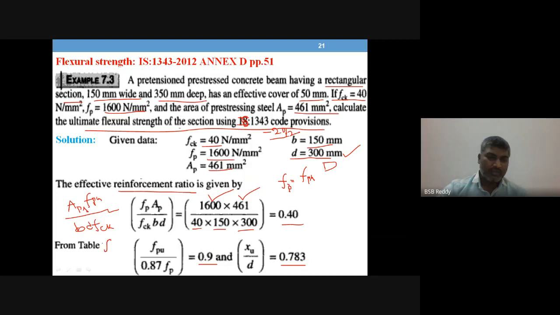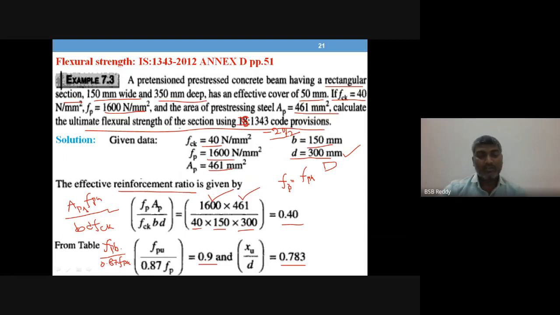So what you are reading is FPB divided by 0.87 FPU.